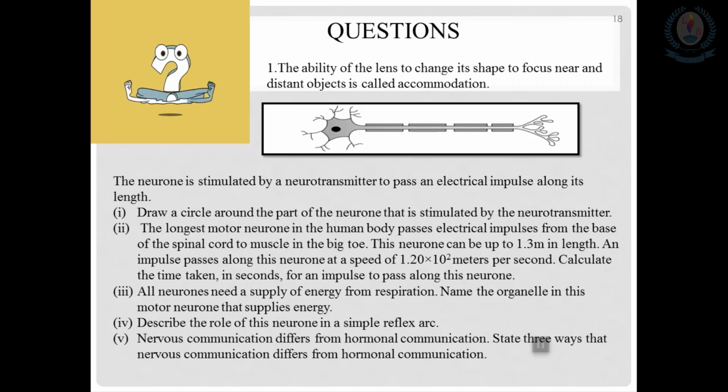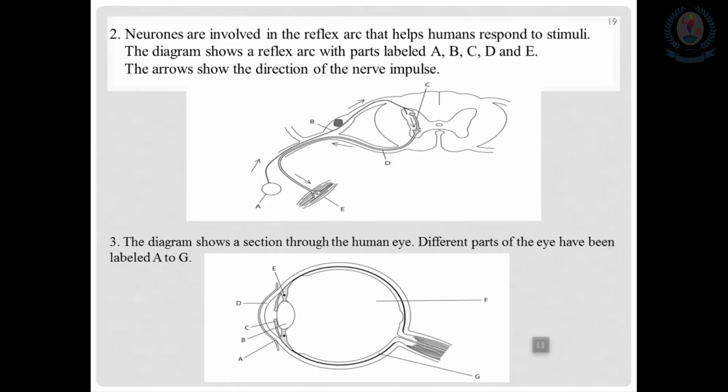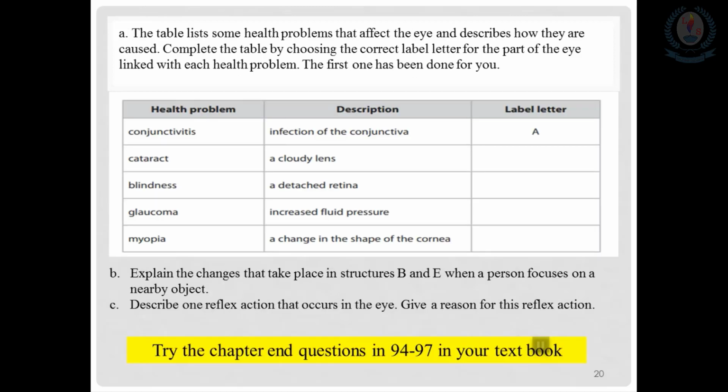So, 1.3 meters divided by 1.2 × 10^2 meters per second. Your answer should be 0.0108 seconds. So, hope you can do the questions in the slides, and please try to do the end chapter questions in page number 94 to 97 in your textbook.